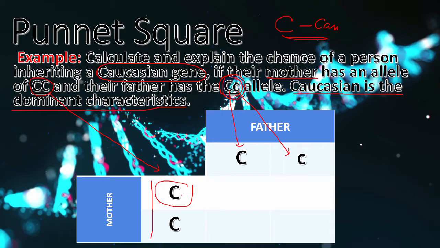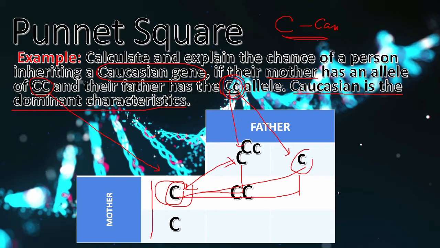The next thing you need to do is combine these. So the combination of this capital C and the capital C, the result would be here. So both you will have a capital letter. The next one would be the capital letter and small letter, and the result would be here.